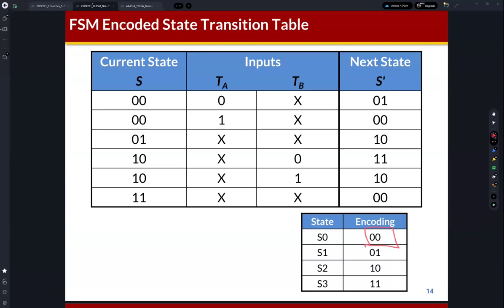Like this is S0, but this is 0, 0, and then output the next state. The next state is the same. This is S1, but we need to use 0, 1, because of this encoding table.